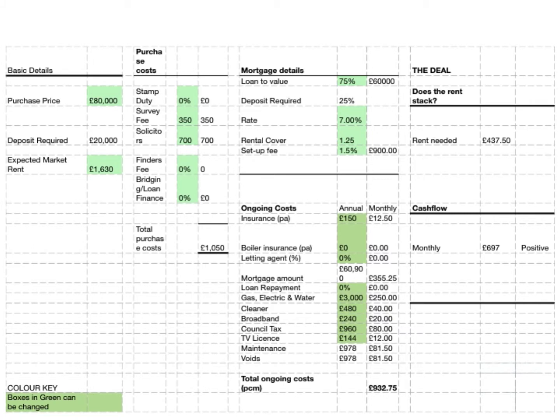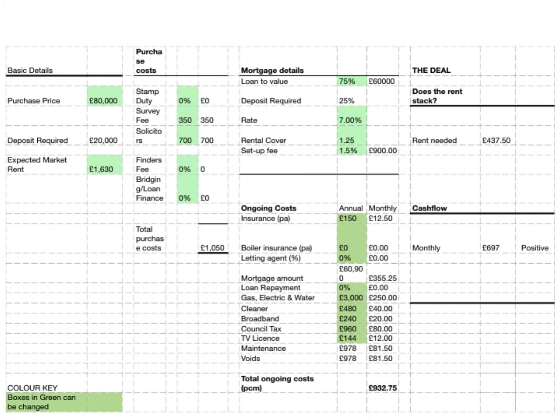Now, the way that I've set up my spreadsheets, I like to have things that are pre-populated, so I have calculations in. So the boxes in green are basically the ones that I go in and change, and the boxes in white are the ones that will automatically change based on information that's being pulled from somewhere else. So that deposit figure is calculated based on, if you move along a couple of columns, there's some mortgage details, and you'll see that there's a loan to value figure there.